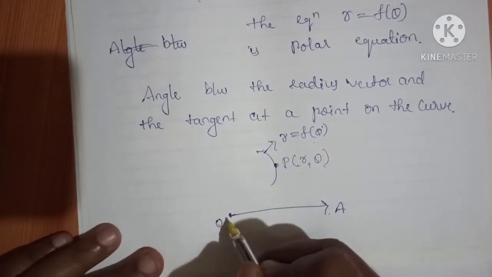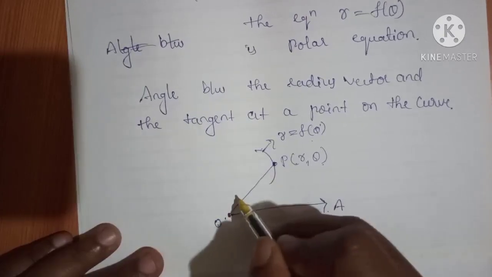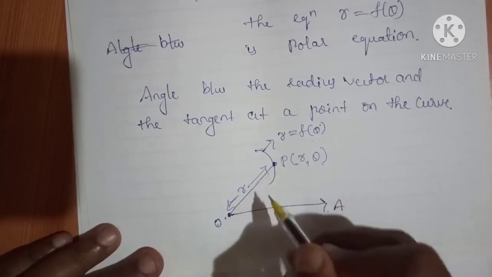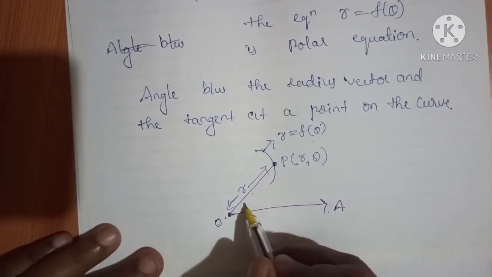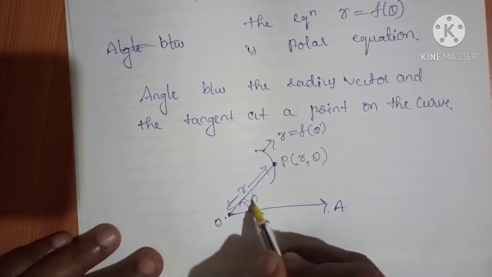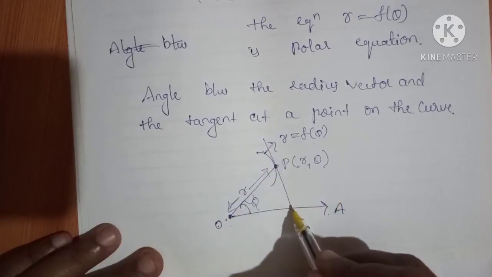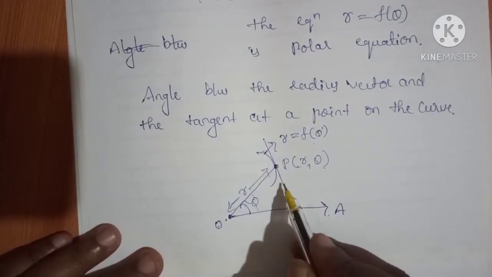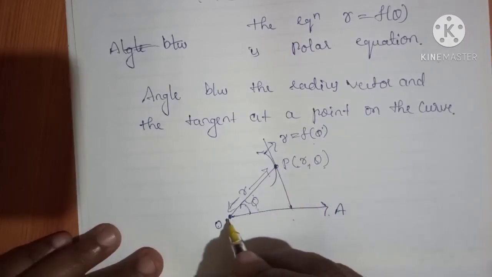Now join OP. This line gives the distance r, and the angle between this radius vector and the initial line is theta. Now draw a tangent to this curve, which meets the initial line at point T.